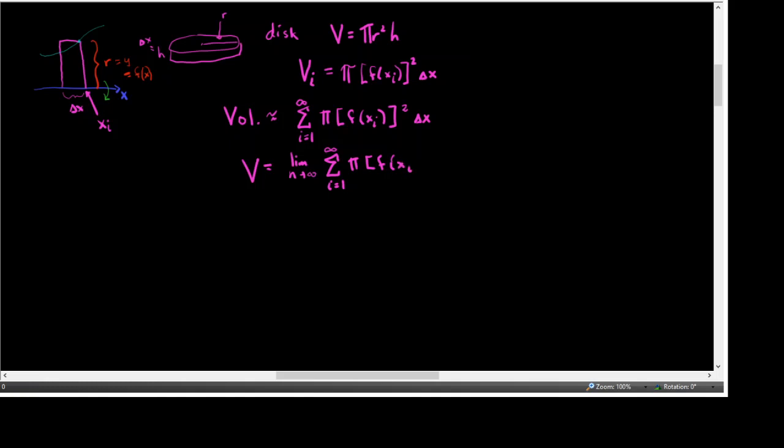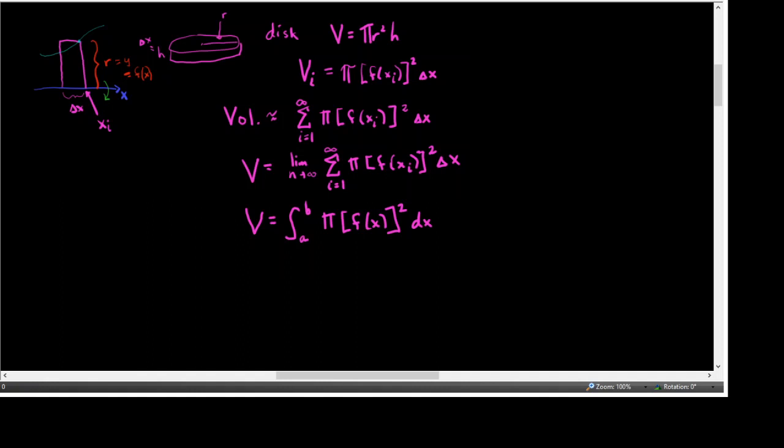I'm just copying down what we have up above. And then we can write an integral because we're taking the limit as n approaches infinity of this Riemann sum, where all of the rectangles start out as equal widths, and that becomes an integral from a to b of pi times f of x, squared, and then delta x becomes dx.